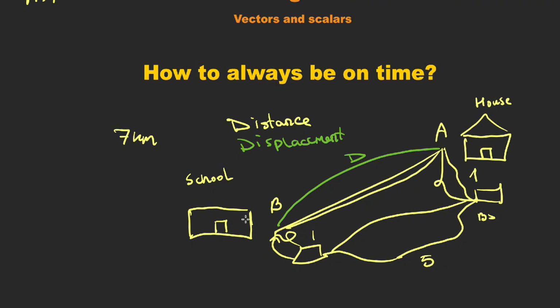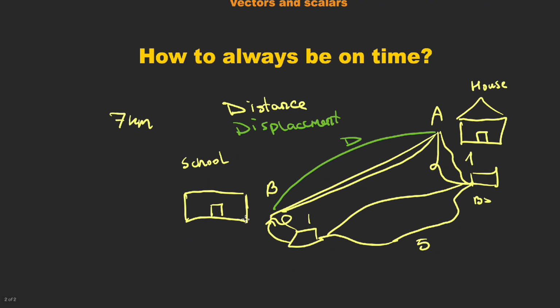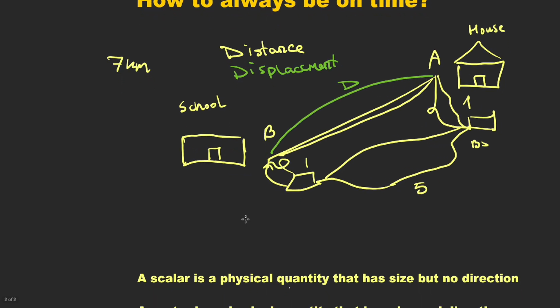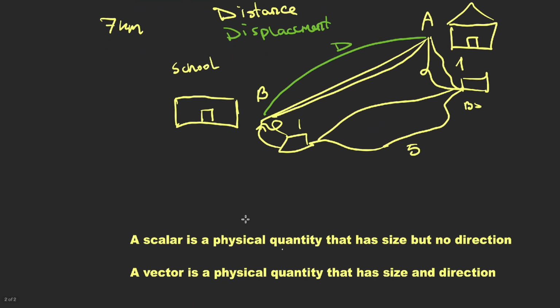Now, from this situation, we can make a small conclusion of how to identify what is meant by scalar and what is meant by a vector. According to the Course Companion by Oxford, 2023, they have given this kind of definition for scalar and vector terms. A scalar is a physical quantity that has size but no direction.